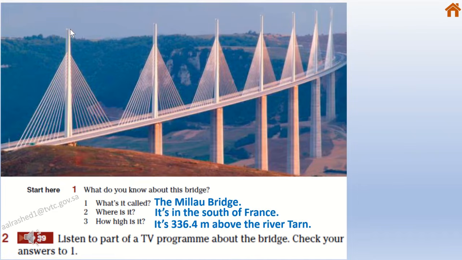The distance from this point to this point, مسافة من هنا لهنا, they call it a span. So this is one span, two spans, three, four, five, six. So how many spans do we see here in the bridge? How many spans does the bridge have? 7. Okay, let's continue.